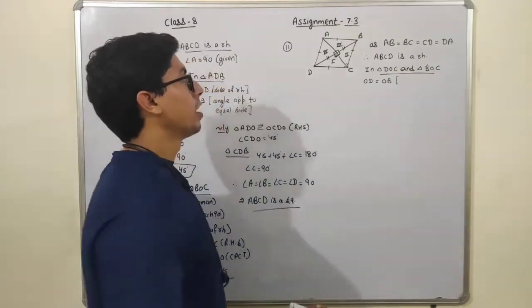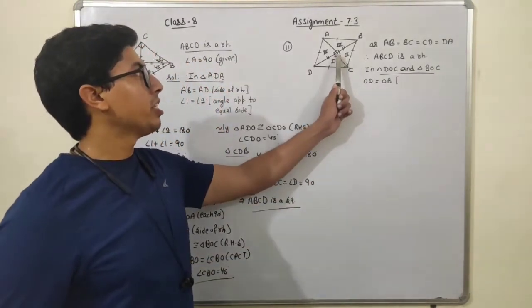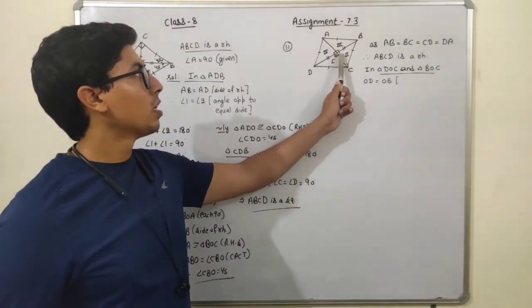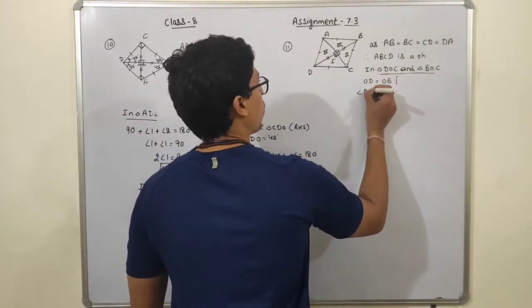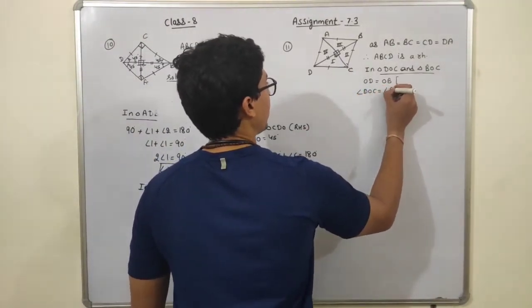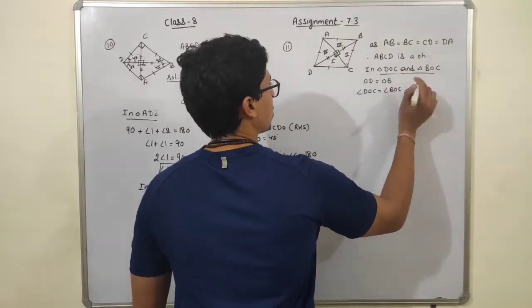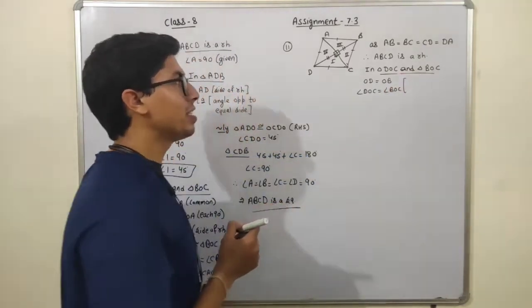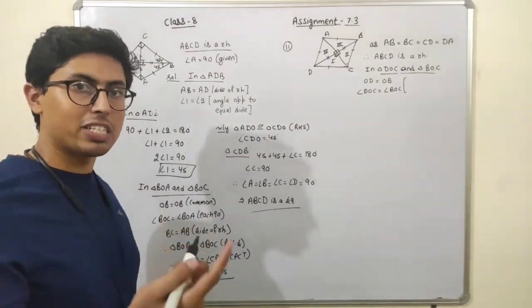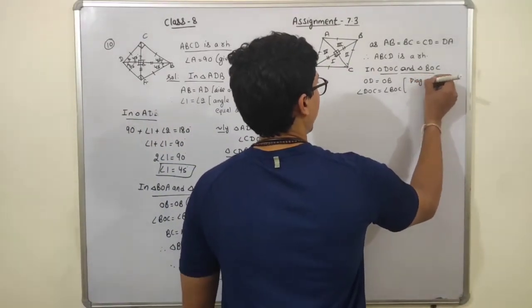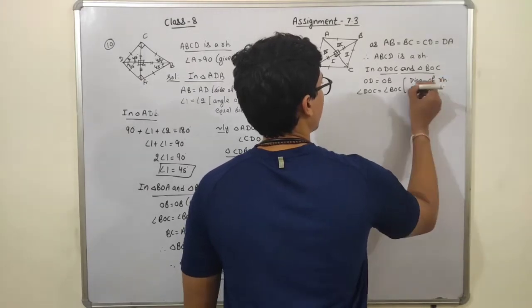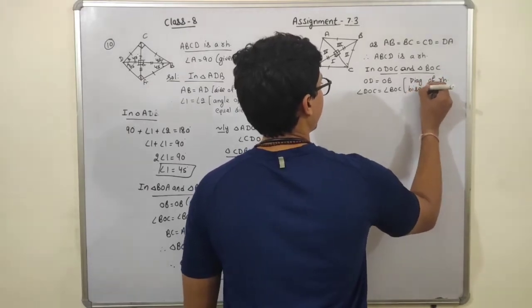And these 2 angles are equal. Angle DOC is equal to angle BOC. The reason for both of these is that the diagonals of a rhombus bisect each other at 90 degrees.